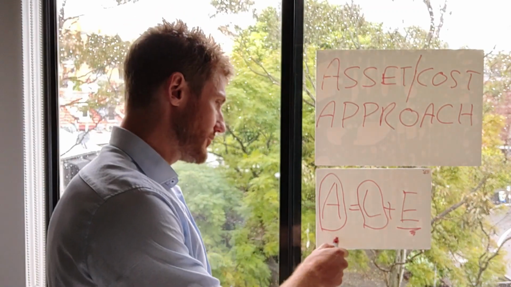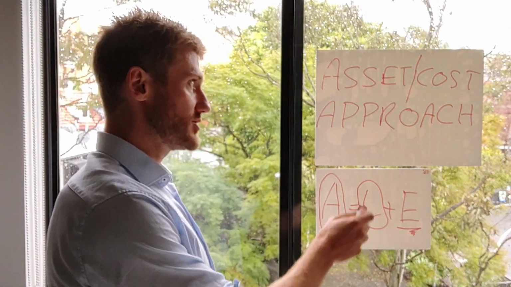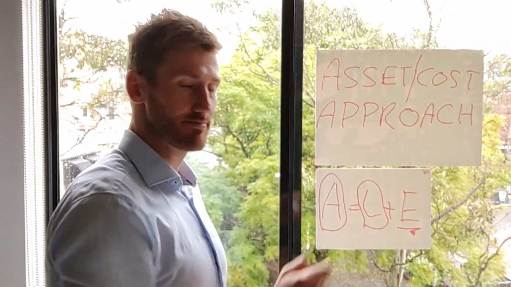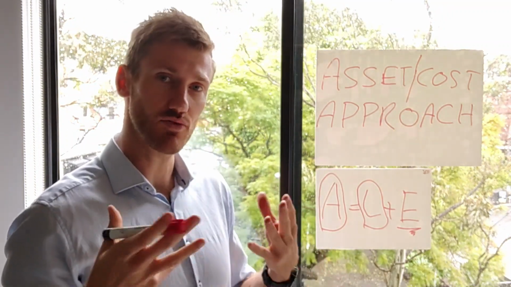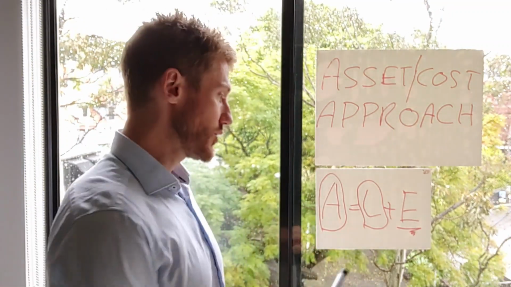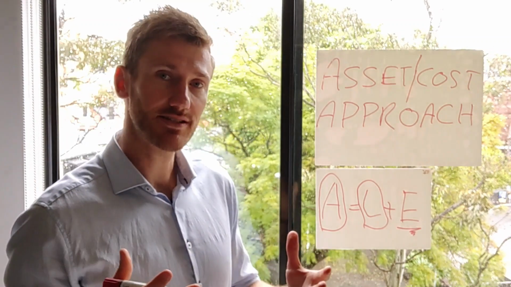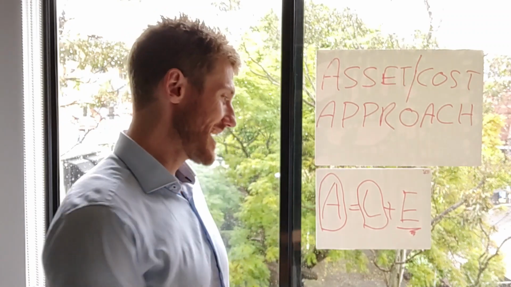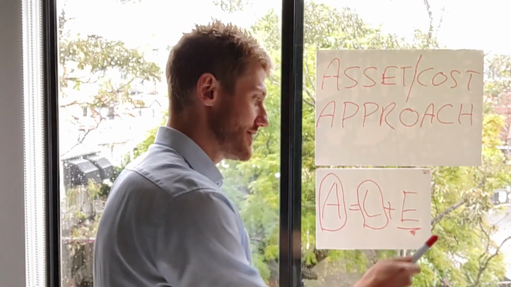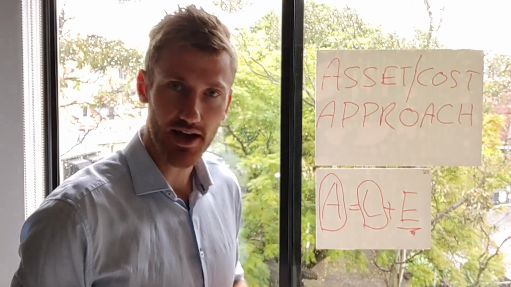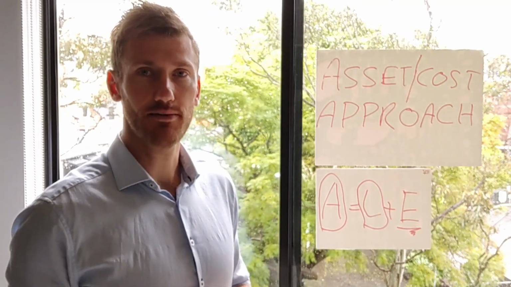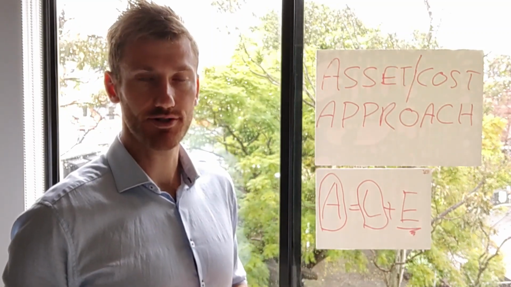Once we've identified the value of all the assets using the asset and cost approach, as mentioned, through things such as cost to reproduce or replicate, we then subtract the value of all our liabilities, things like bank debt, loans, etc. Anything left over is how we identify the equity value of our subject company under the asset approach.